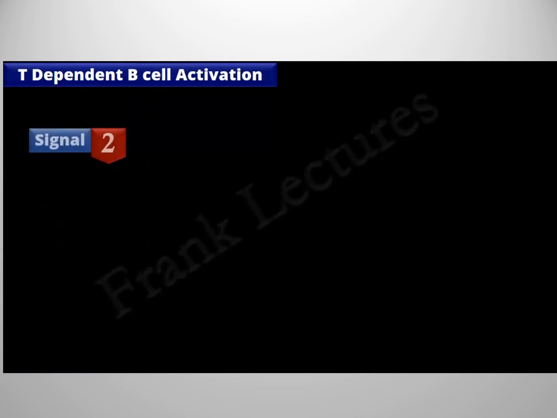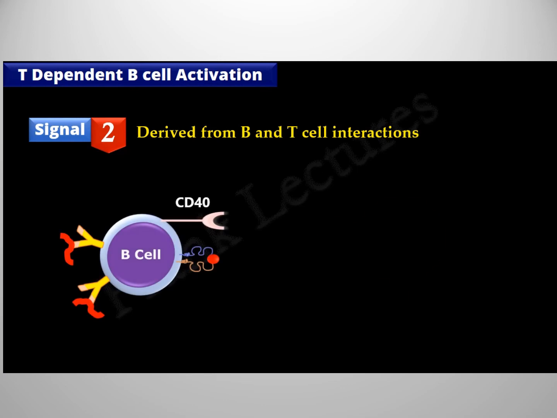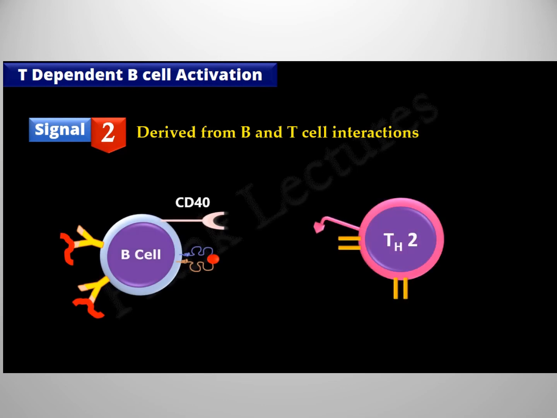The second signal is derived from the interactions between B and T cells. The B cell and the T helper cell come in close proximity. Recall that the B cell displays antigens as MHC2 peptide complex on its surface. T helper cells recognize and bind to this MHC2 peptide complex.